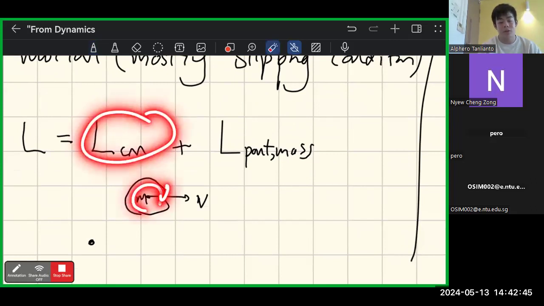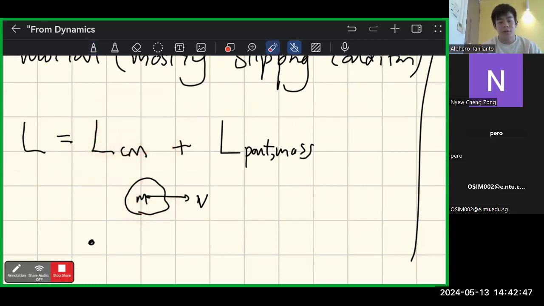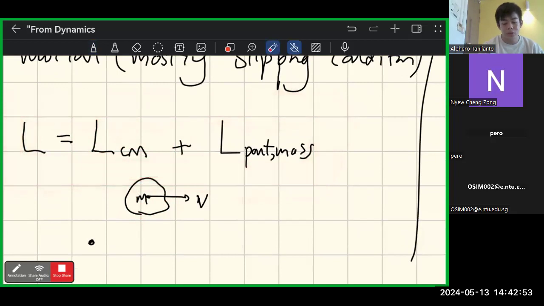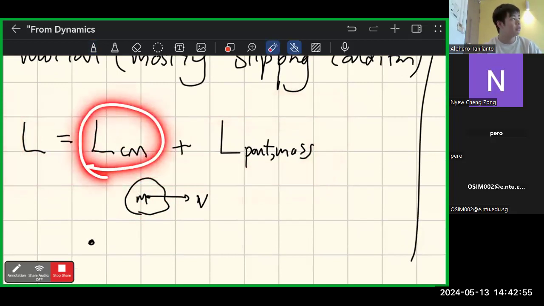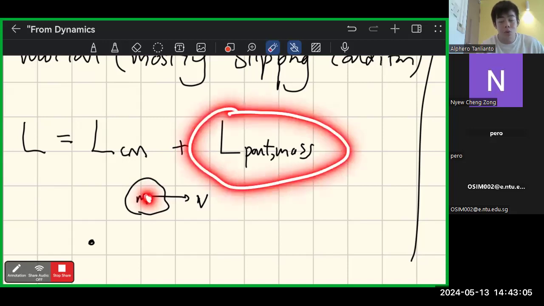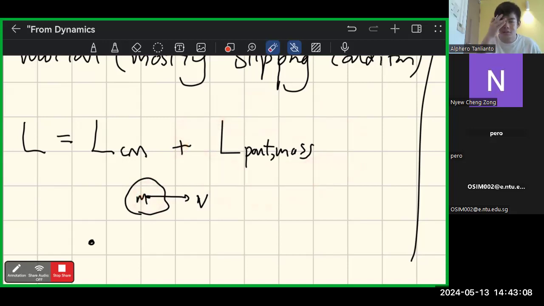For example, you can add the angular momentum with reference to its center of mass, and assume this object as a point mass and add the angular momentum of that point mass.